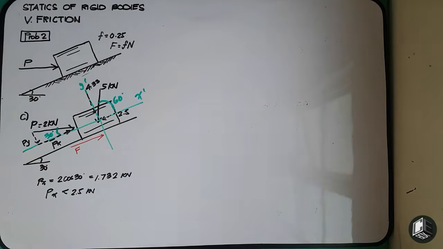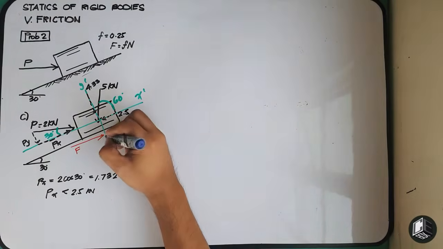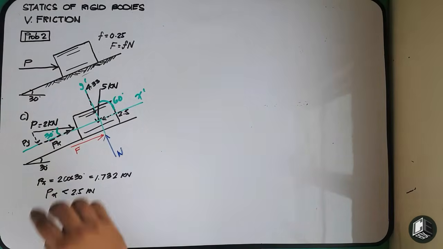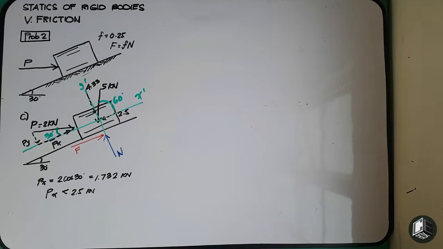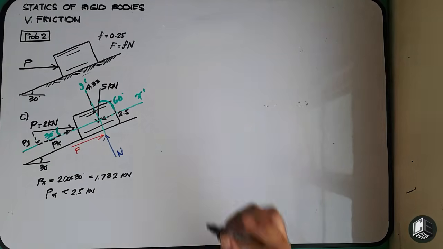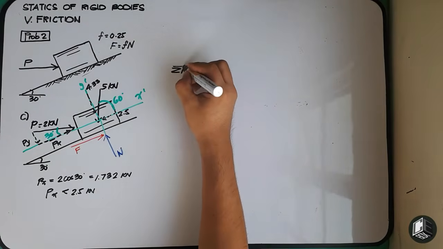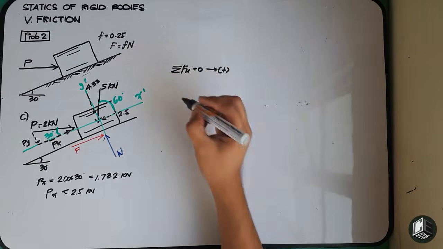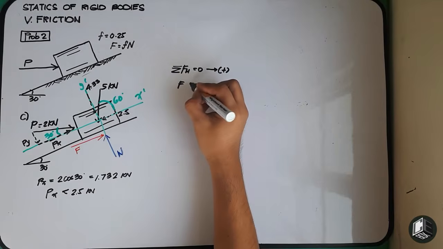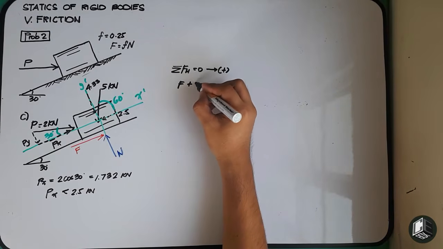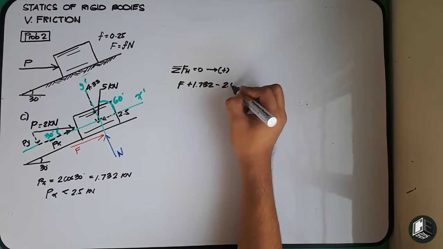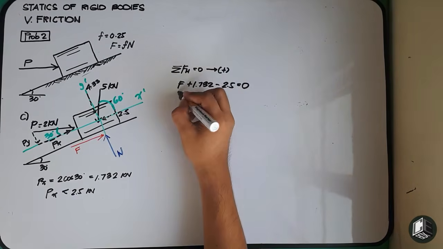And this is our normal force N. So what is this force F? It's easy. By summation of forces horizontal, the summation of forces horizontal is equal to 0. To the right is positive. So F plus Px, which is 1.732, minus 2.5 is equal to 0.